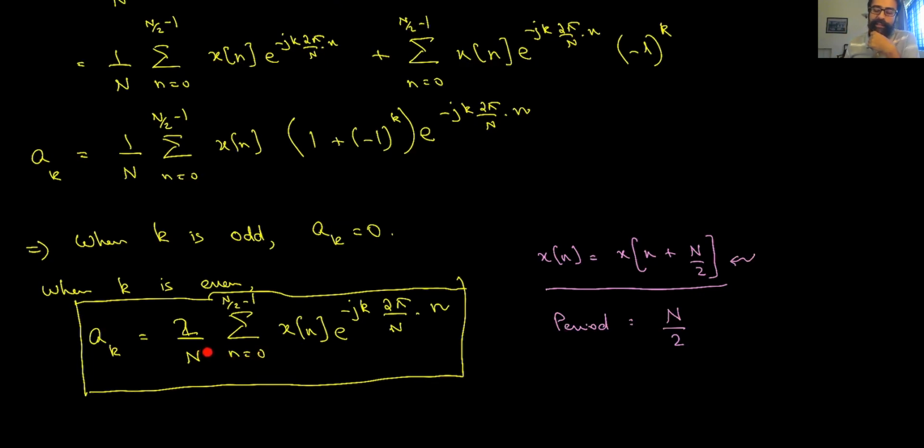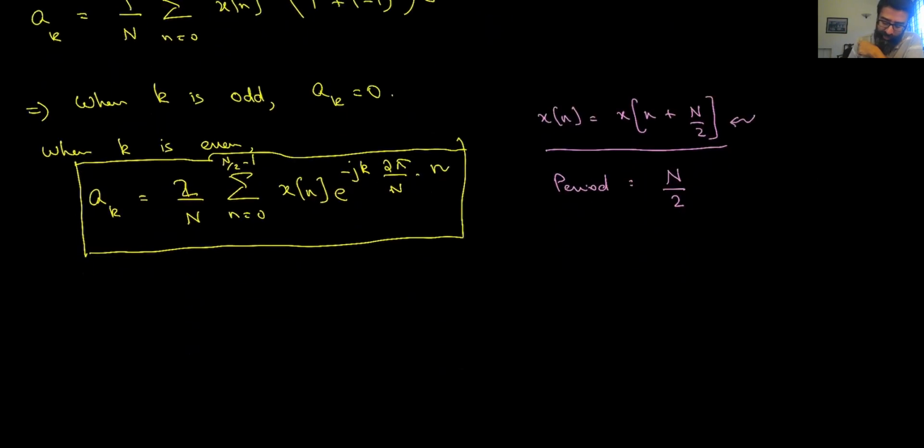And there's additional things that you could find from this, which is, Kitty, what if I were computing the Fourier series coefficients with respect to a period of n by 2?